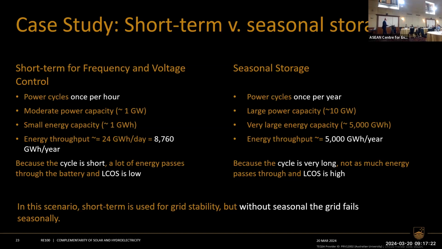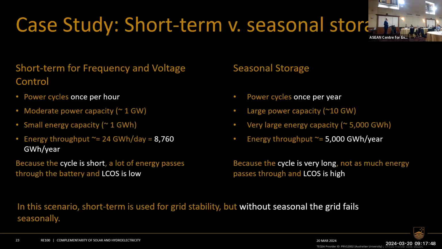In this scenario, the short-term energy storage is cheap. The seasonal is expensive. The short-term energy storage is needed for grid stability, but without the seasonal, the entire grid fails. There's not enough energy. The seasonal is more expensive, but it is absolutely necessary in this scenario.